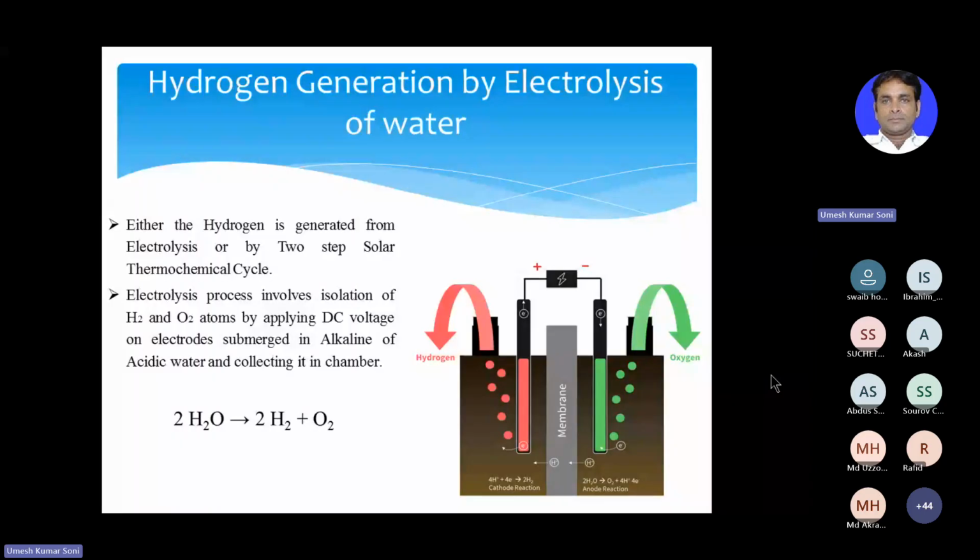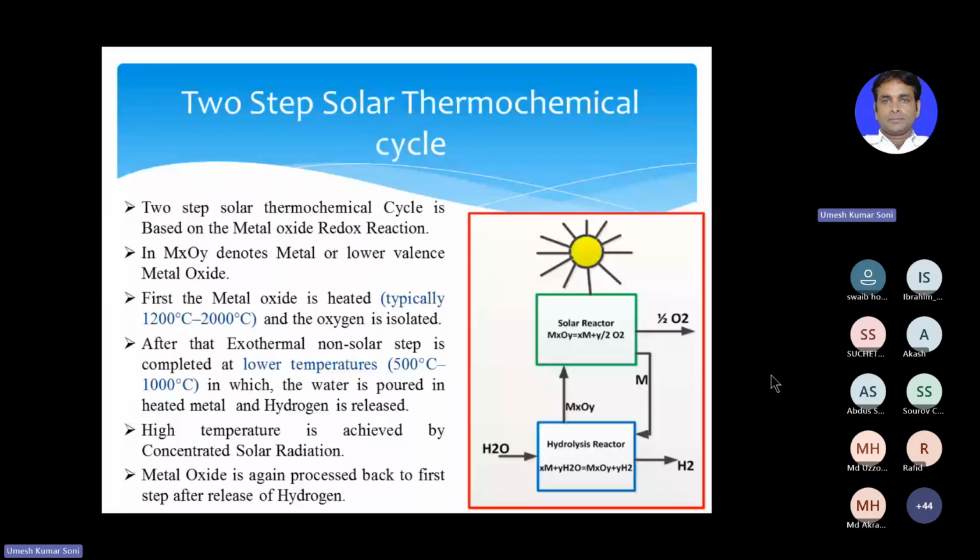Again, we discuss the two-step solar thermochemical cycle for the generation of oxides. In this method, we have two cycles, two steps. First, we have some oxide of the metal, which is converted to the lower valence metal oxide, like we have Fe3O4. We can convert it to Fe2O3 by heating it.